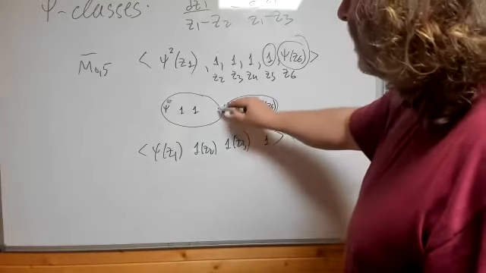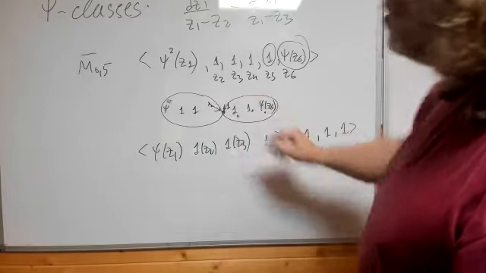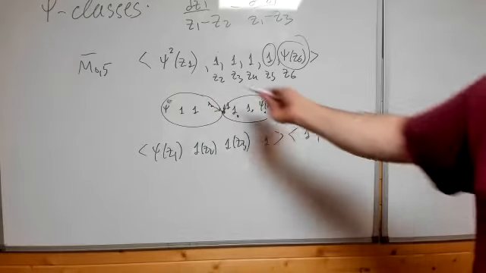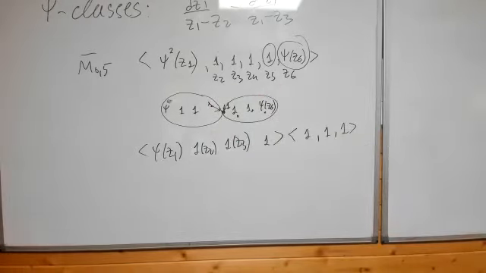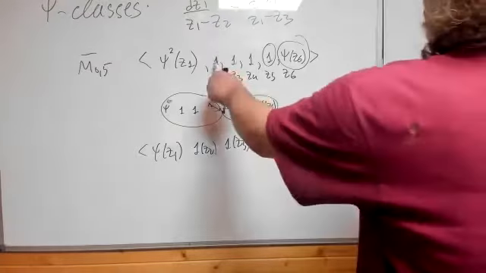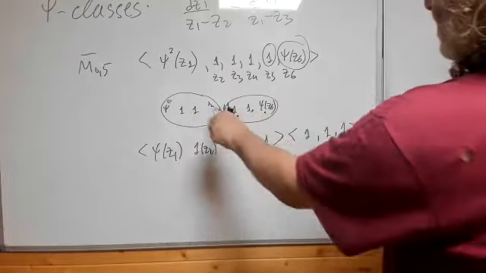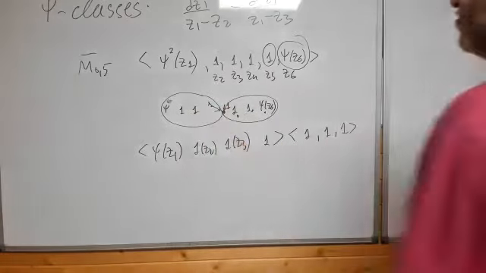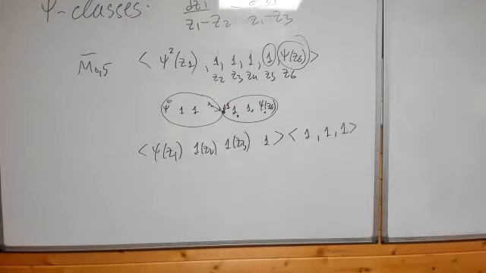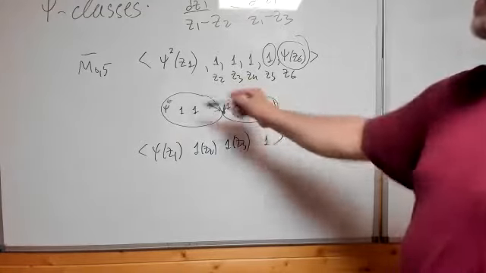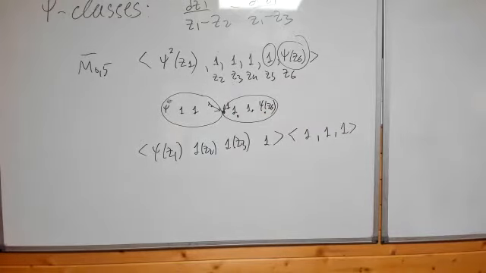Because another one would come from the double point. So here you start to have some combinatorics: how these points are distributed among these two spheres. And in this particular case, the coefficient is 3.